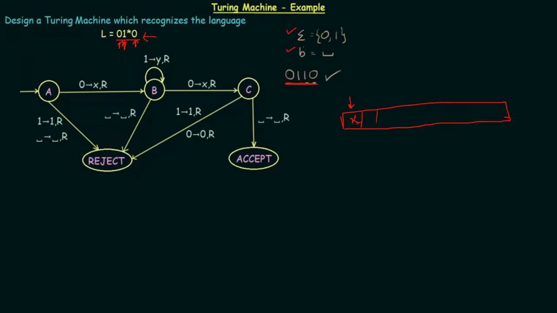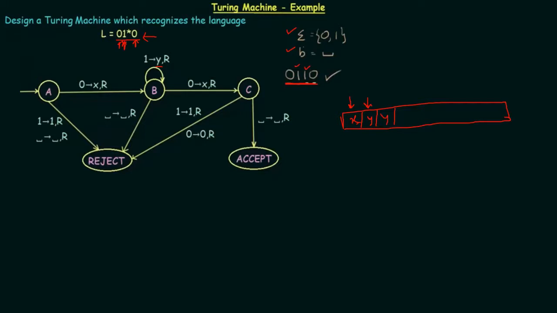Next I am going to apply another 1, and I am staying at B, and I am going to produce a Y. Next again I am applying 1, so I am going to produce another Y.